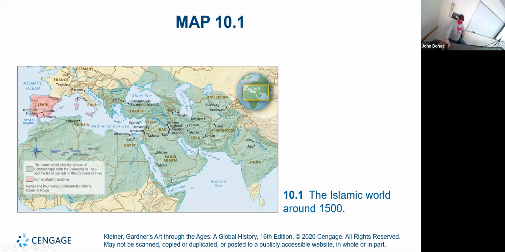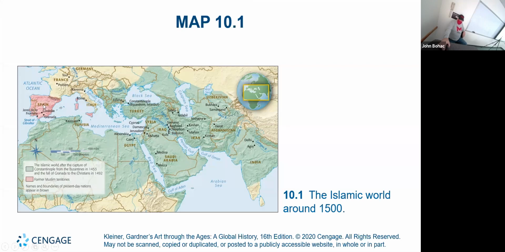But at any rate, here we go. And we know where the holy sites are. Mecca is the holy site. Medina is a holy site. Jerusalem, Damascus, all of these places, a lot of them here in Iraq and Iran. This is the Muslim world, the Islamic world, around 1500.